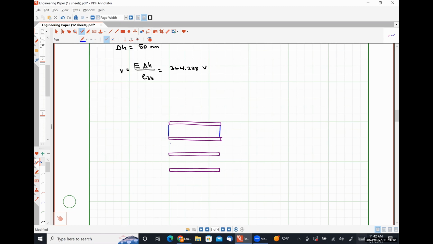Between each electrode is a sample of our material, and then I electrically connect them like so. There's our applied voltage.